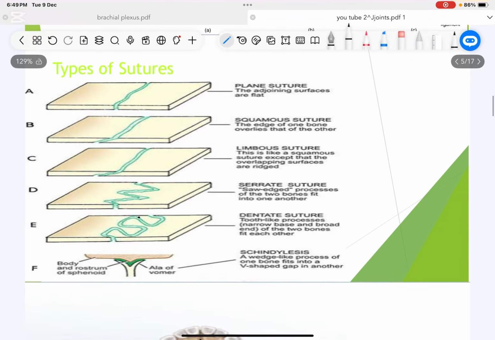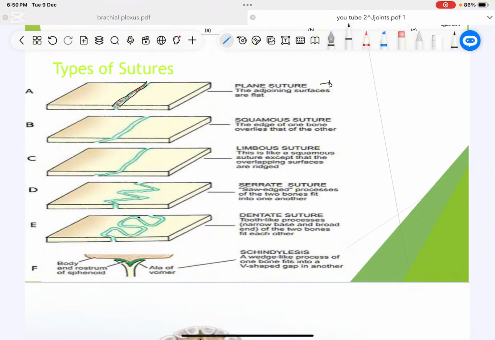There are different types of sutures. First, plane. A plane suture means both surfaces are plane, and in the middle there is dense connective tissue, because it is a fibrous suture variety.